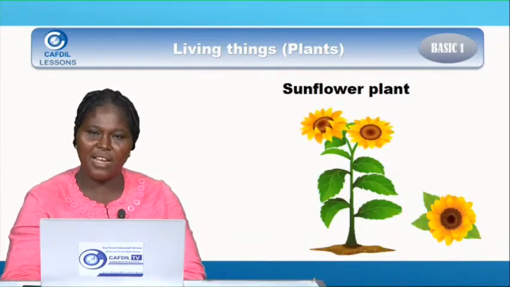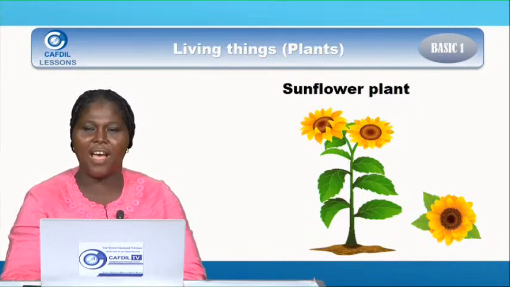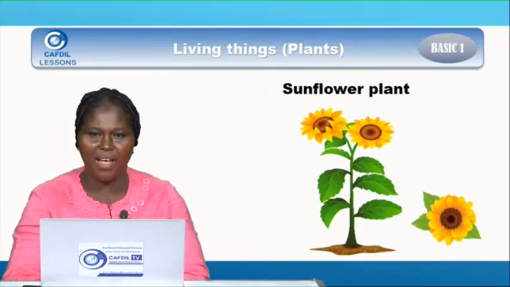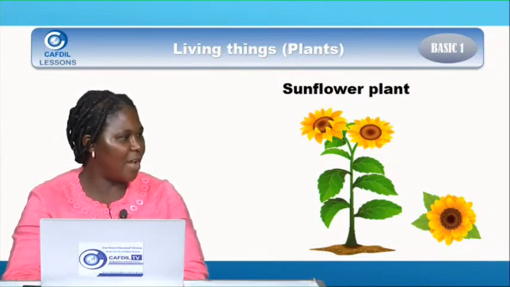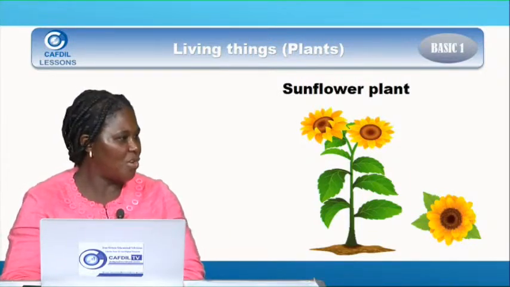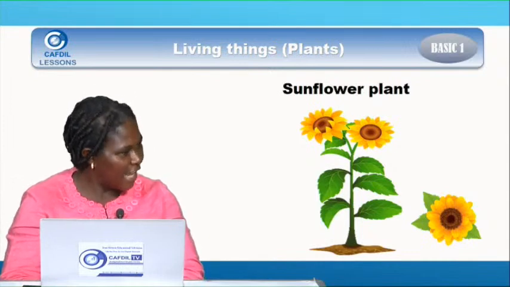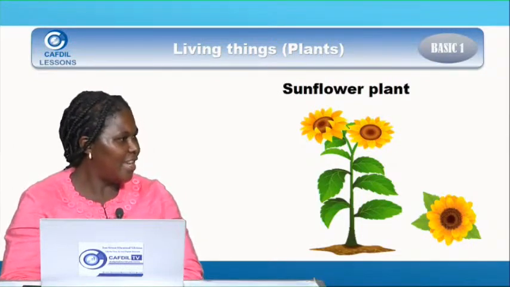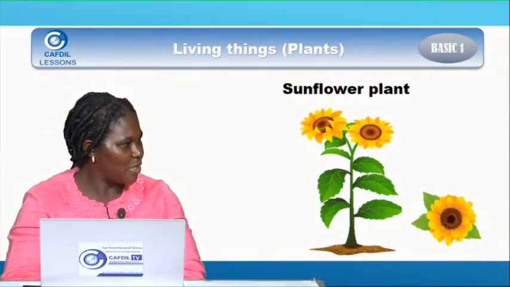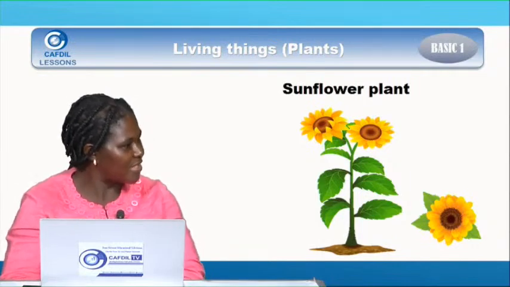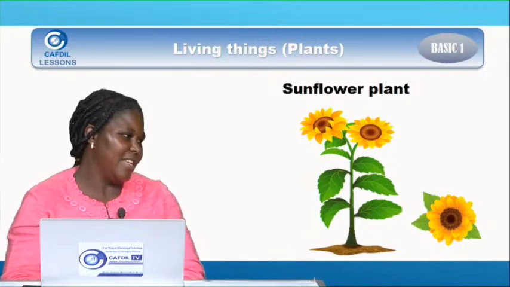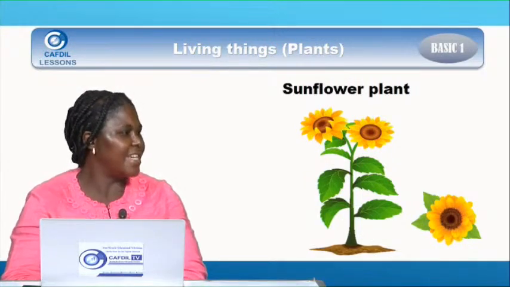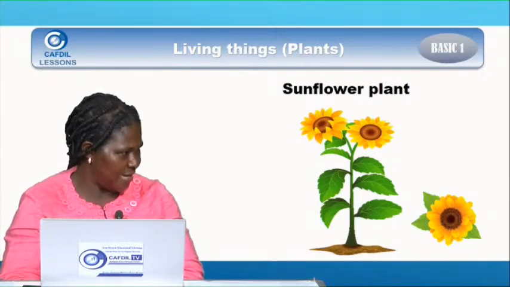Another flower, another plant is the sunflower. And we have a beautiful sunflower plant on our screen. The color of the flower is yellow with brown spots in the middle. And we have green leaves and the stem is green.